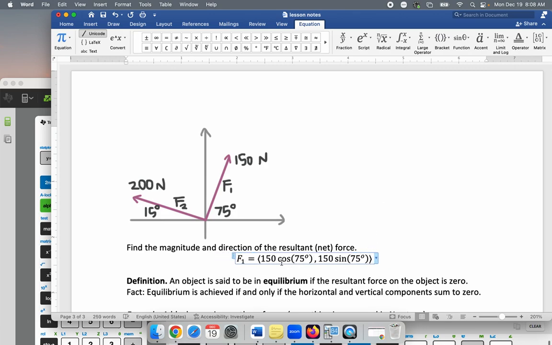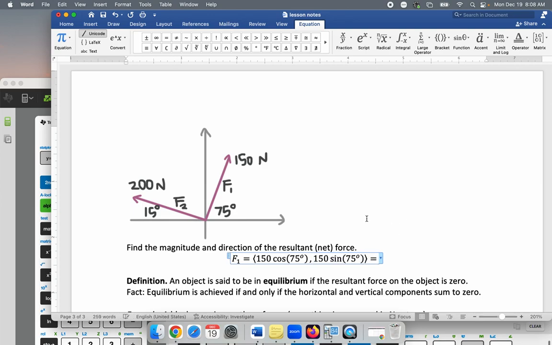You'll notice that I switch sort of randomly between writing vectors using the angle brackets, the less than and greater than symbols, and the I and J form. That's on purpose. These two things mean the same thing, right? This is the same thing as 150 cosine 75 I plus 150 sine 75 J. But you should be comfortable with both notations. That's why I'm switching back and forth.